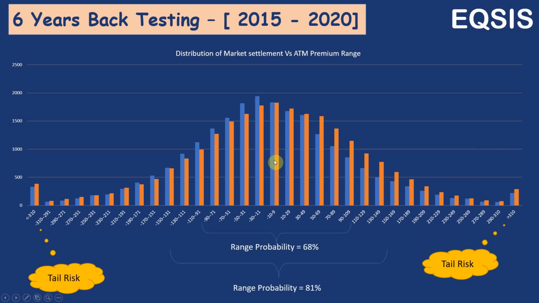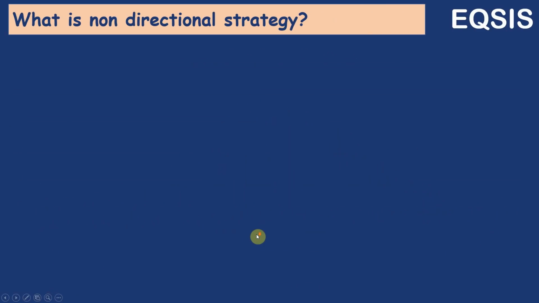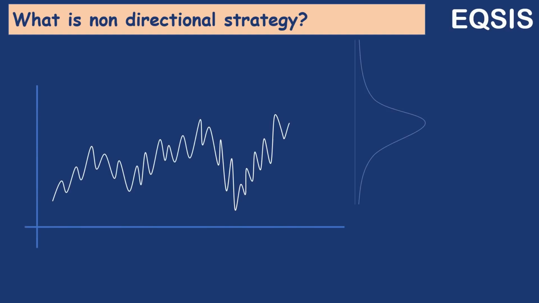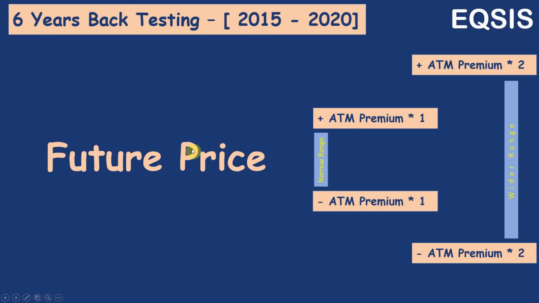Now I hope these range probabilities were pretty clear for most of you. Let me summarize that particular thing. By this time you have seen that most of the time the markets were settling within this trading range. Now you should form a strategy. I hope I've already explained how to pick the narrow range and the broader range.